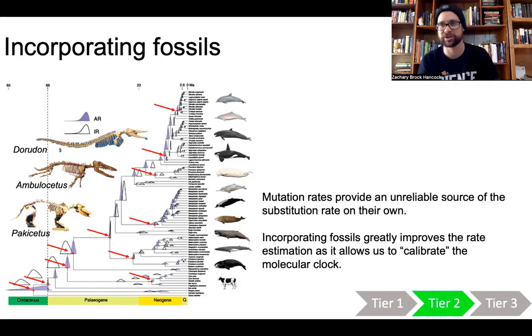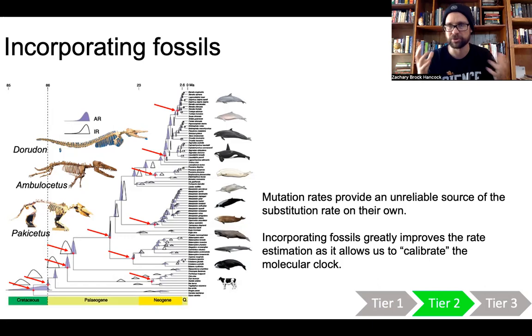So if we go back into the fossil record and find a particular fossil at this point in time, we know that the lineage of that fossil must have existed at this point in time. Now, if that fossil represents the ancestor of an entire clade, then we can calibrate the rate of change across that clade. We don't make it constant, as I'll explain later. We put a distribution of ages given that fossil.